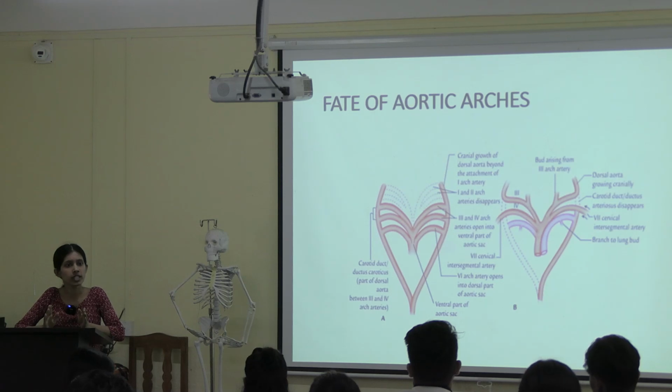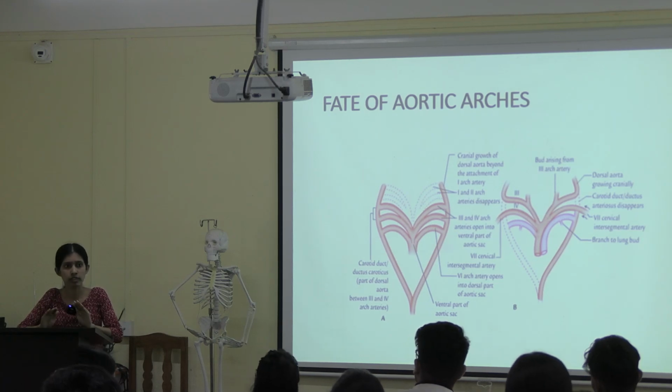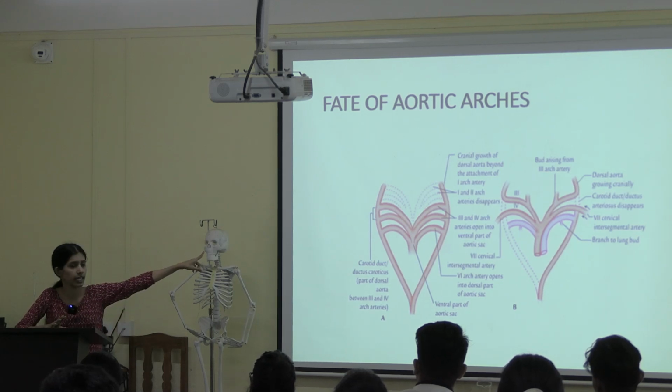So, okay, your aortic arch arteries and their derivatives development takes place from the 4th to 8th week. During the 4th week, that is at the first level, we can see the appearance of first, second and third aortic arches. Next, in the 5th and 6th week, we can see the appearance of 4th and 6th aortic arches. At the same time, first and second aortic arches will disappear.